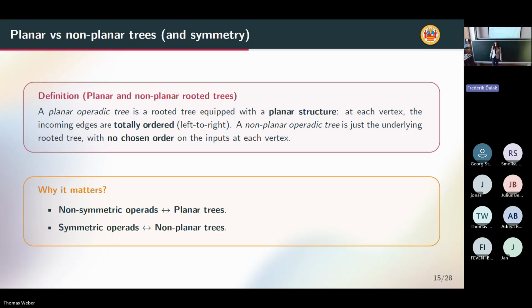So if you want to draw it in the plane, then you have to choose an order, and it is what we actually do. For example, if you have a three non-planar corolla, then you can draw it on the blackboard, and you have to choose an order, because here we have the canonical order, the one from left to right.